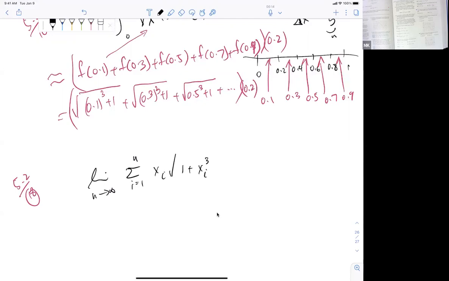So this is a right endpoint calculation, and they tell you that it is from 2 to 5. Basically, your integral is from 2 to 5. Your function is x times the square root of 1 plus x cubed dx. So it's a very simple connection there.